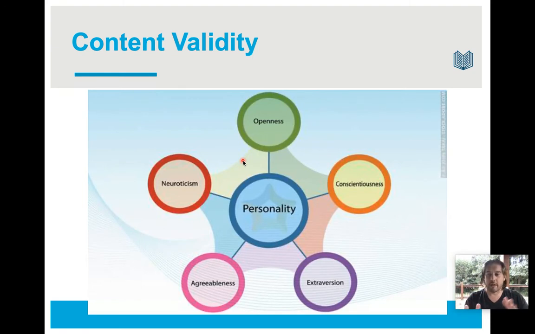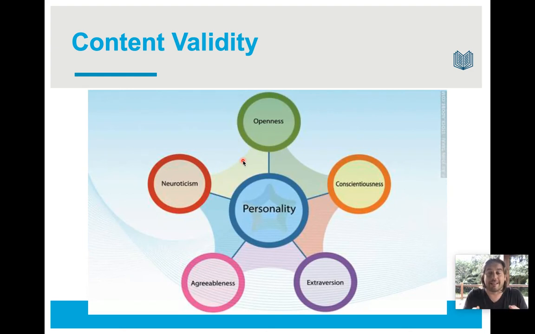So back to our point, content validity is the idea that if I'm going to measure personality, my measurement tool, my survey, the questions that I ask my participants, needs to include questions that tap into all 5 of these elements of personality. If my survey only taps into 3 of them, then I don't have good content validity because I'm not getting the content I need out of my measurement.